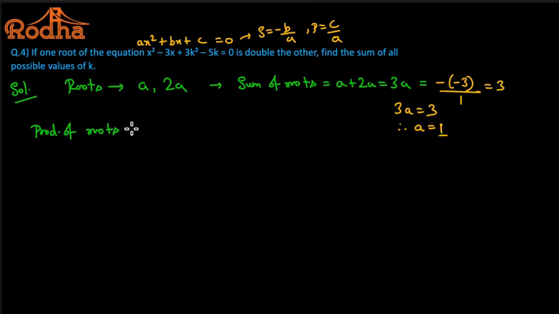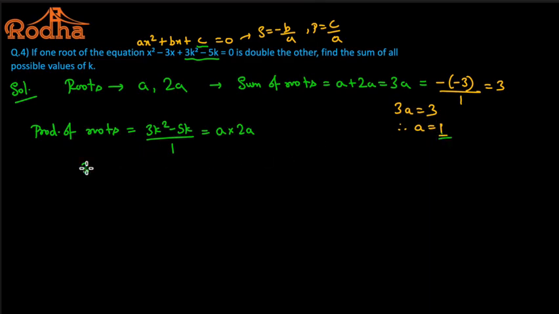What is c here? c is 3k square minus 5k upon 1, ये पूरा constant है. And here my product of roots is a into 2a, and now I'll put a equal to 1.